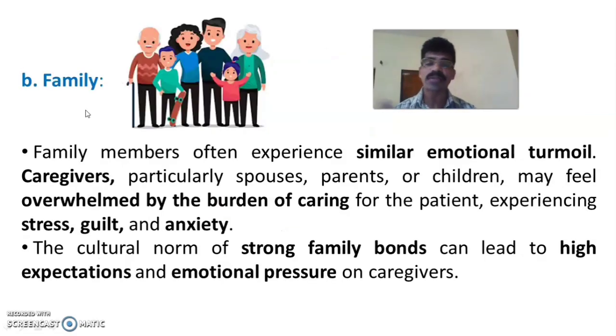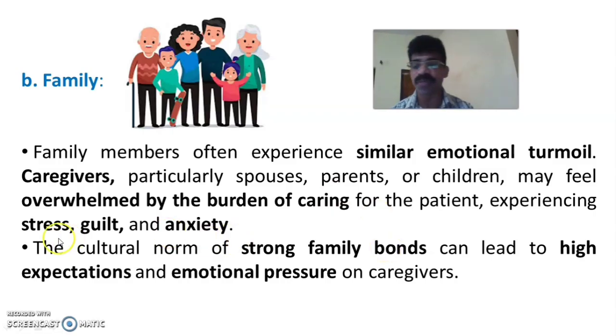Second is emotional impact on family. Of course, family members often experience similar emotional stress or turmoil, and caregivers, particularly spouses, wife or husband, or parents, children, may feel overwhelmed and overstressed by the burden of caring for the patient.